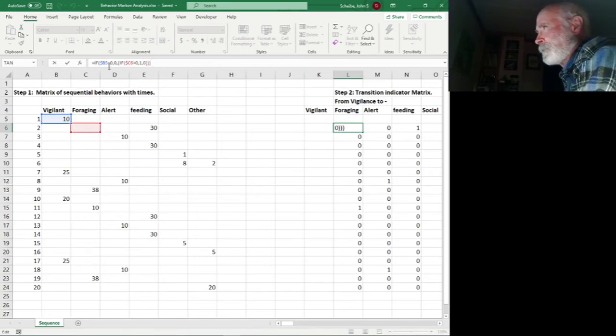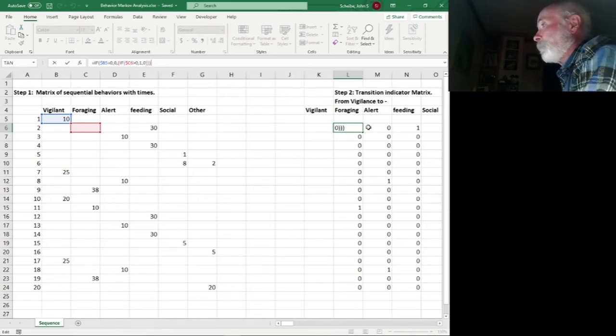So what the equation is saying is: if this entry here is 0, then record a 0 over here. Otherwise, if it's not equal to 0, then the next question is, if this foraging square right here is greater than 0, then put a 1.